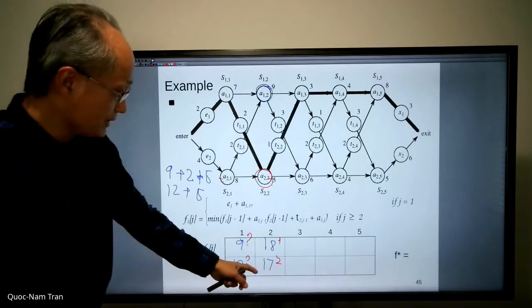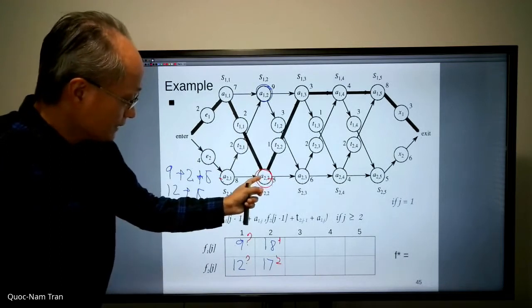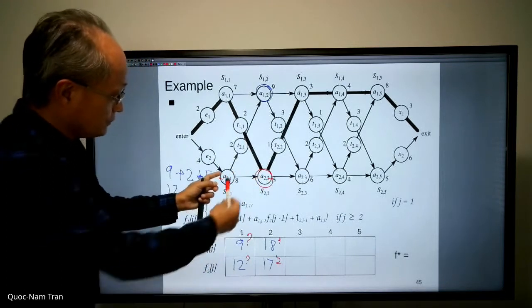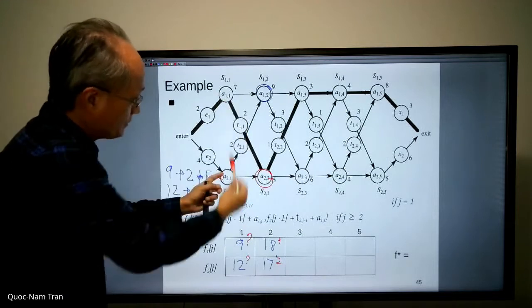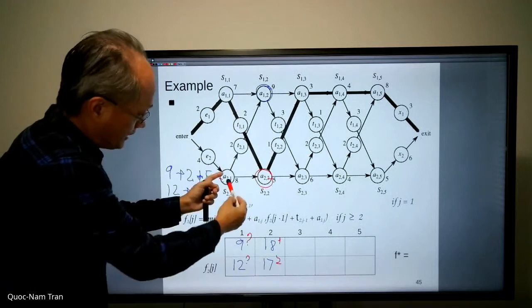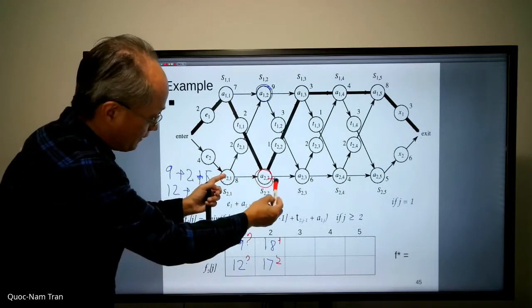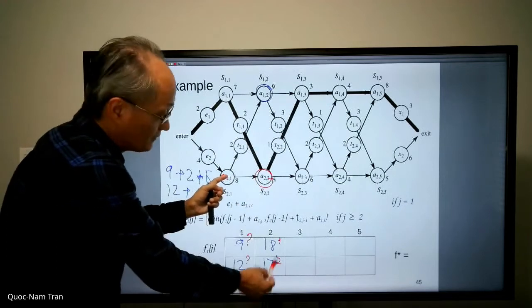So it should not be 16, right? Because here you need two different ways. One is from f2,1, which is 12. 12 plus 0 plus 5 is 17.